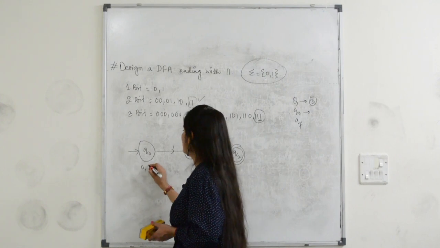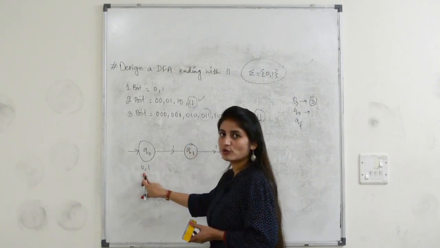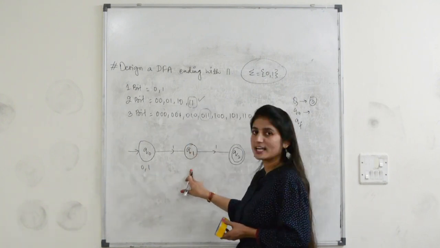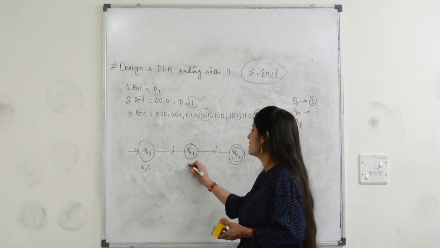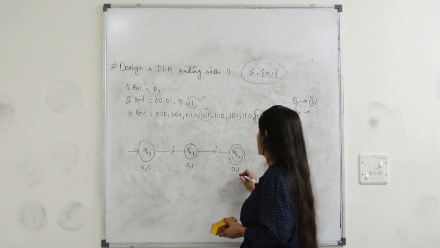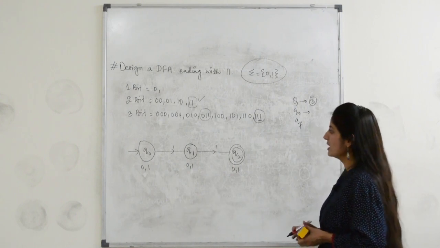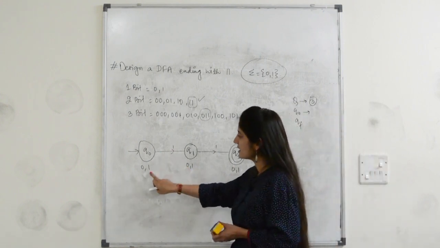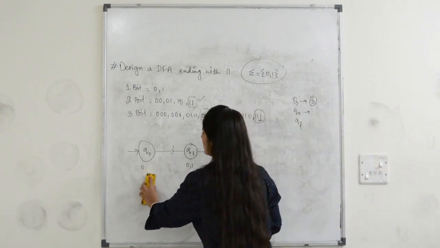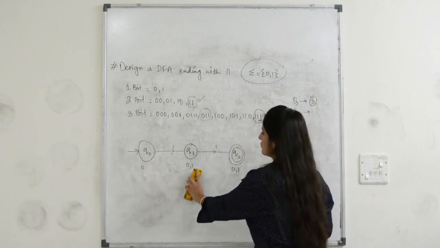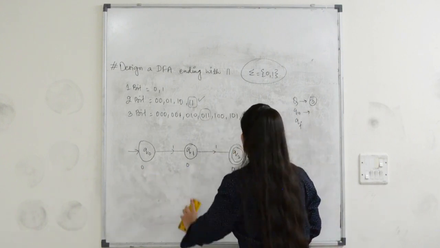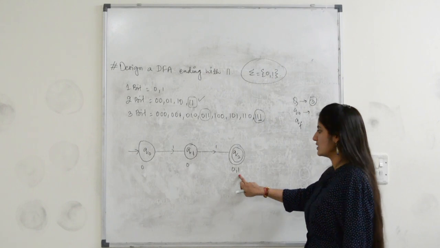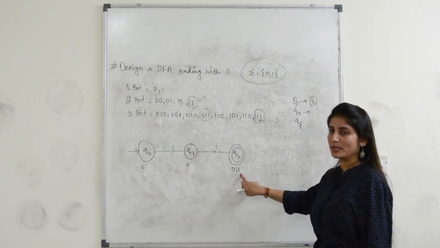So for each state we have to make the transition for 0 and 1. For this state we have already made the transition for 1, so we can simply rub it. For this state as well we have made the transition, and we are left with the third state. We have to make the transition for this 1.